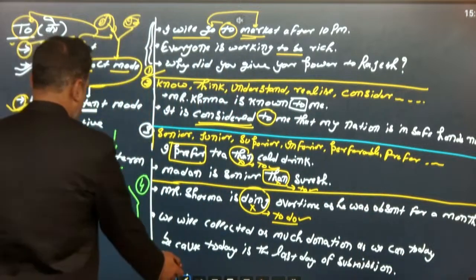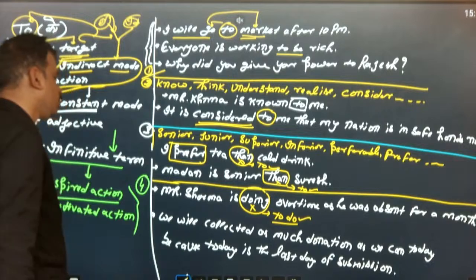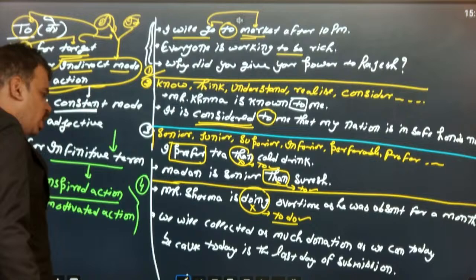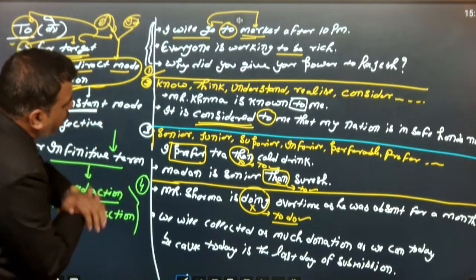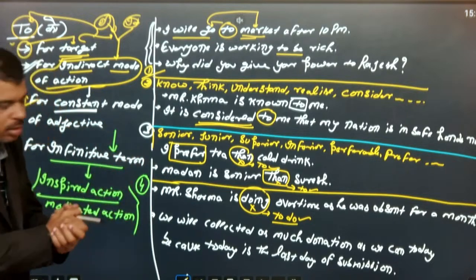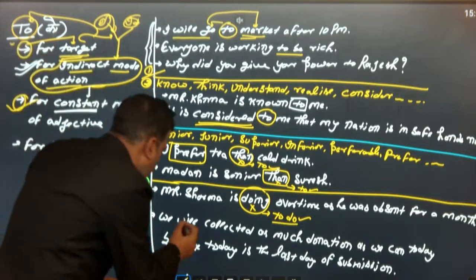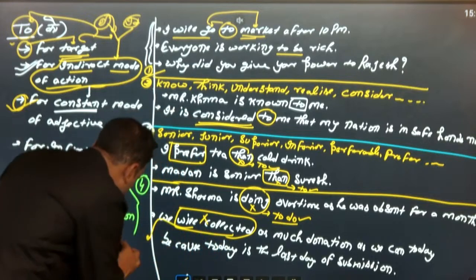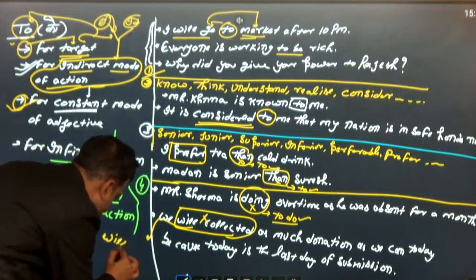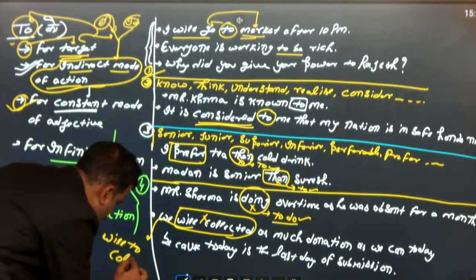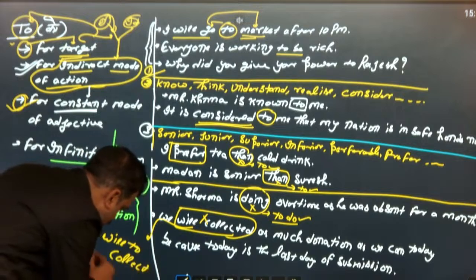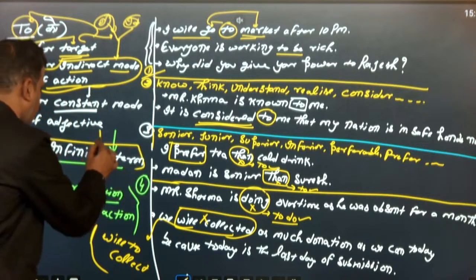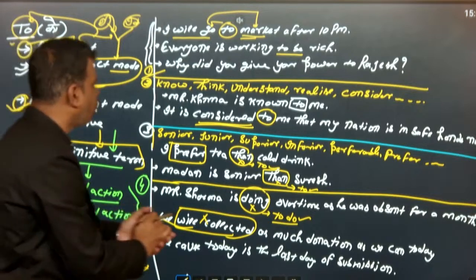It's the last day of submission. Mr. Sharma, we will collect as much donation as we can today. Because it is the last day, it is telling you that you have to collect. So we will collect it is wrong. We have to do it. It means we are to collect. And this is the term of infinitive. So whenever we have the infinitive term, we go with to plus verb.